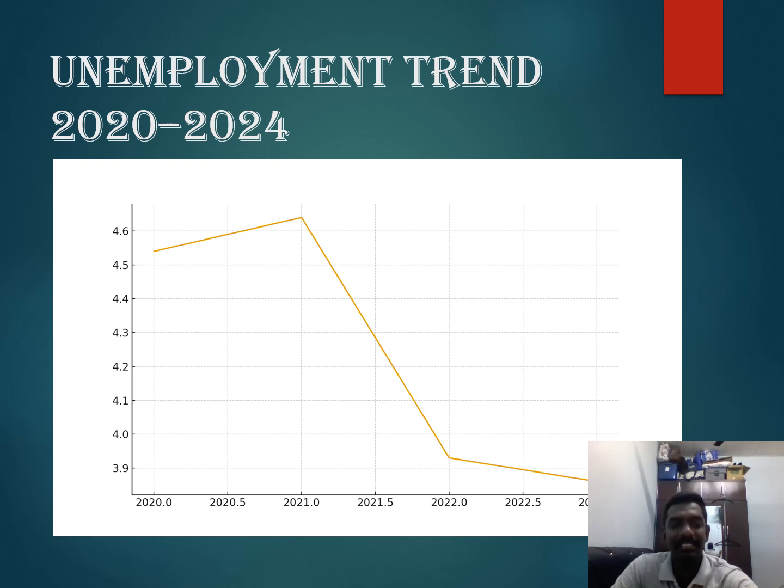Unemployment increased from 4.5% in 2020 to 4.64% in 2021, just in 1 year, the highest in decades. The rise occurred because lockdowns forced business closures in the tourism, retail, and construction sectors, and international borders were closed. The main reason was reduced economic activity, Doctor.